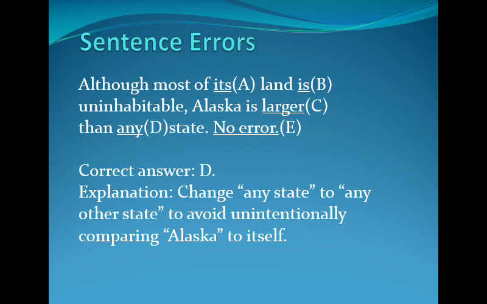So you can see that you need to change any state to any other state. That is, you are not comparing two particular states, you are comparing Alaska to all other states. So the error lies in statement D. Okay, so that's the issue in the sentence.